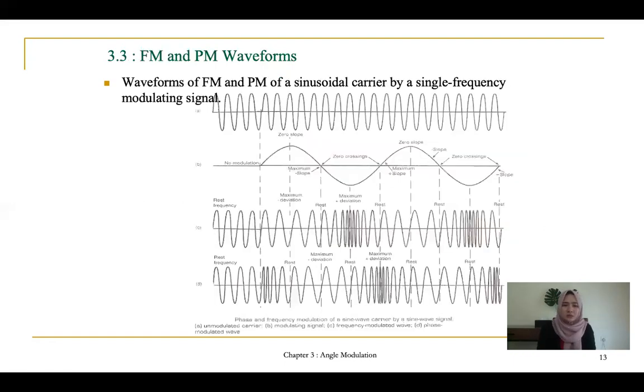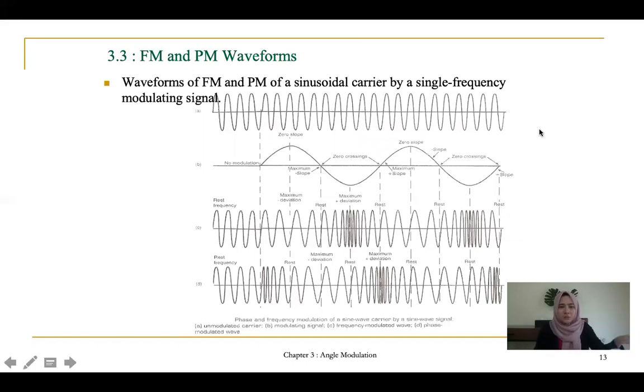So this figure shows the waveform of frequency modulation and phase modulation of a sinusoidal carrier by a single frequency modulating signal. So you have three signals. Figure A is the carrier signal, and you can see that this is a high frequency signal.